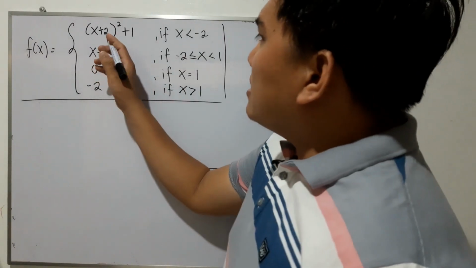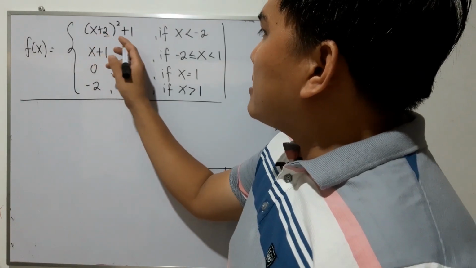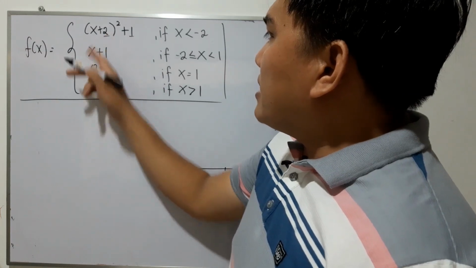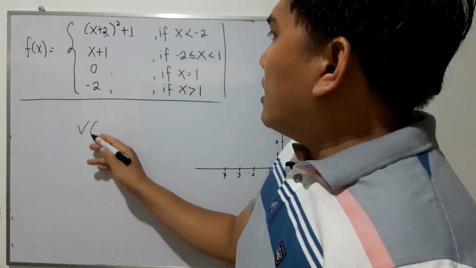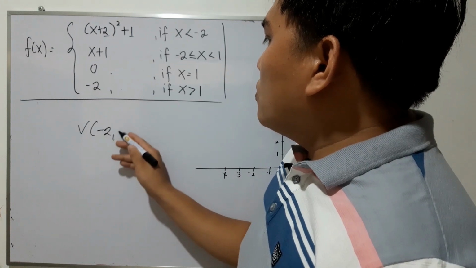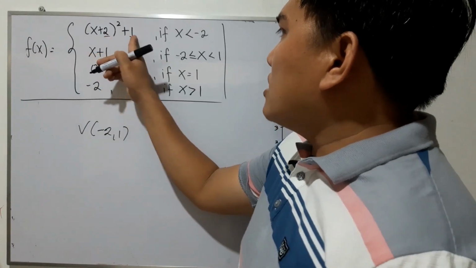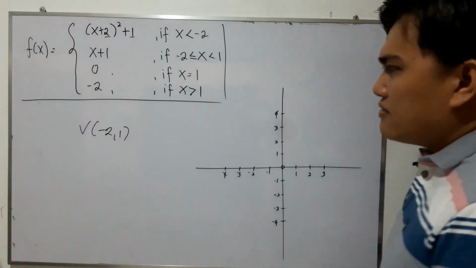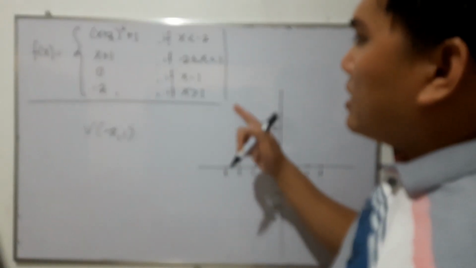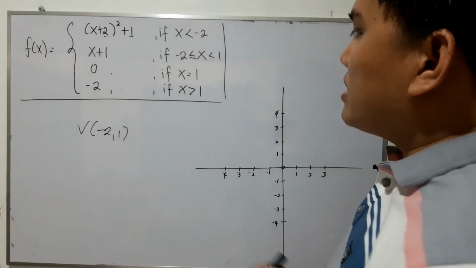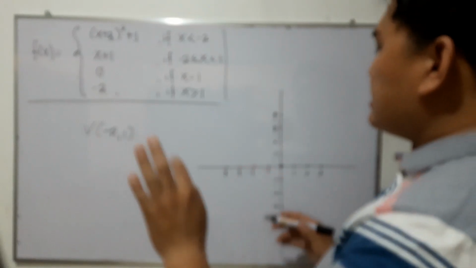So let us start with x plus 2 squared plus 1. As you can see, this is a parabola in vertex form, with vertex at negative 2, 1. This is the h and this is the k. But the domain is restricted to be less than negative 2.